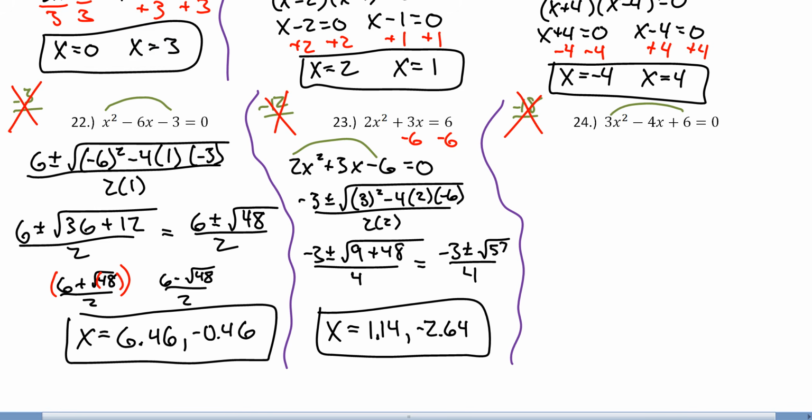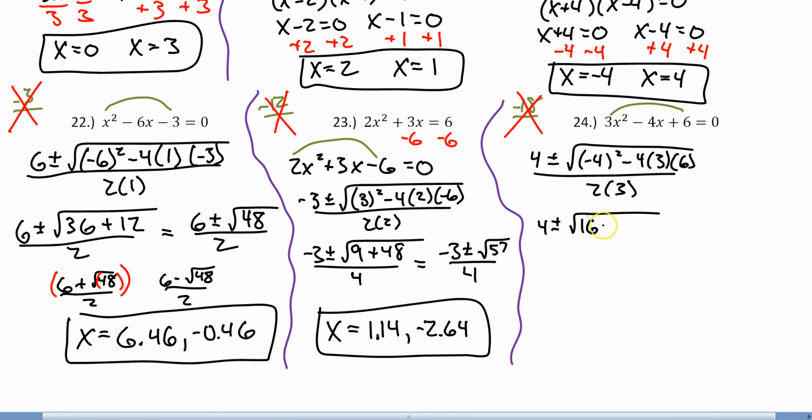All right. Opposite of b plus or minus the square root of b squared minus 4ac, all over 2a. I simplify a little bit. That's 16 minus 72 all over 6.